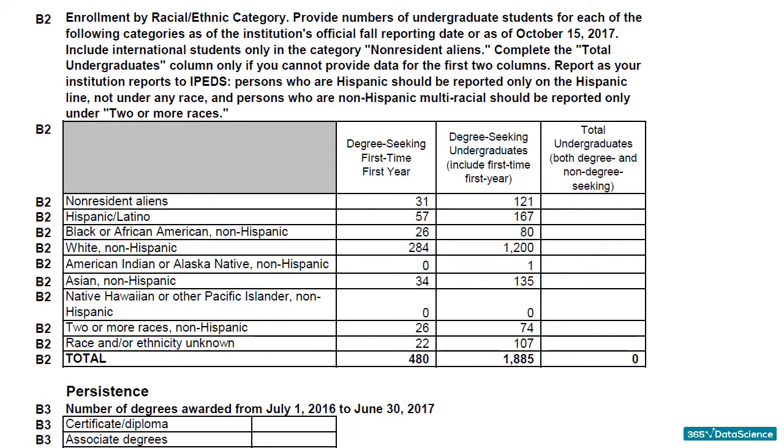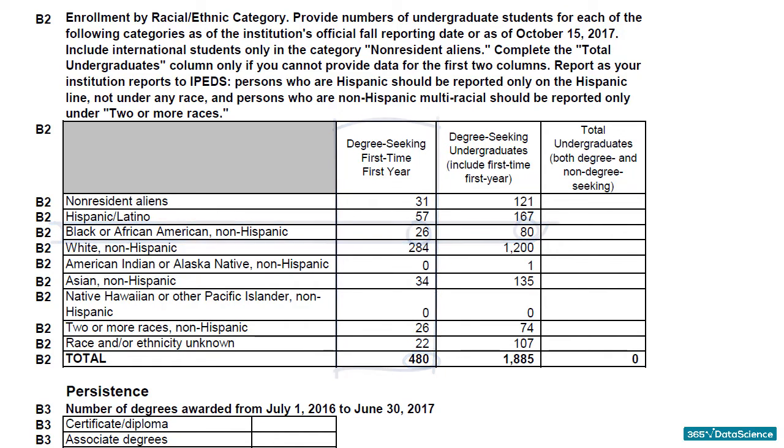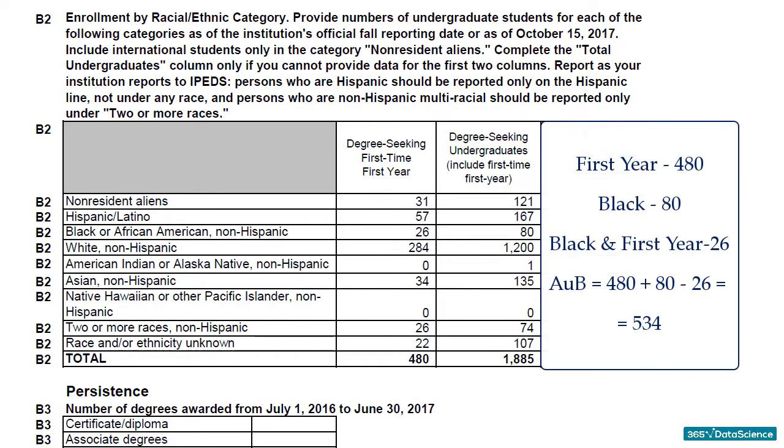The union of A and B represents all students who are either first-time first years or Black. We know that there are 480 first years, 80 Black, and 26 first-year Black students. To find the number of students within the union of A and B, we would apply the additive law. According to the additive rule, we would have 480 plus 80 minus 26, or 534 students that are either freshmen or Black.